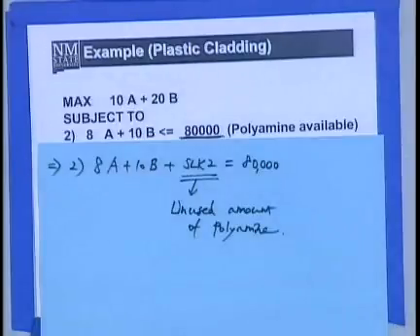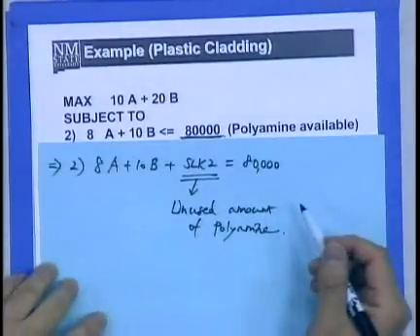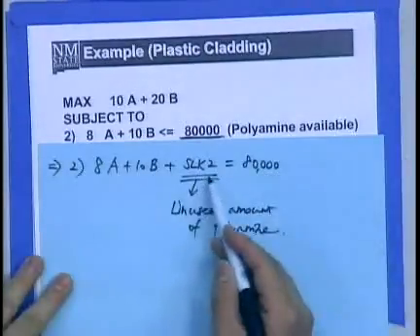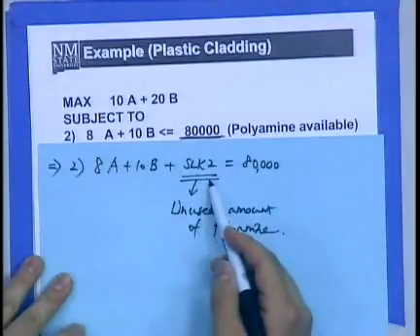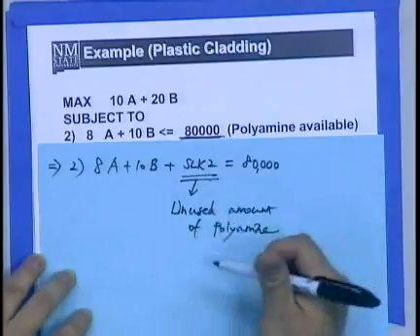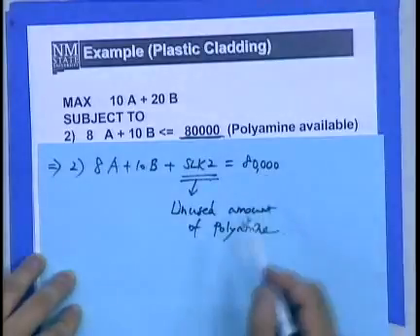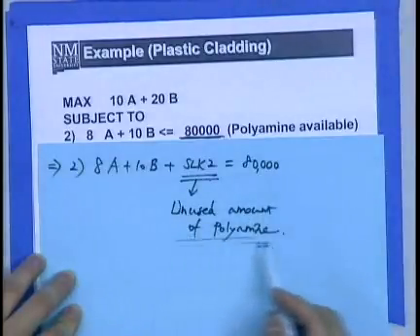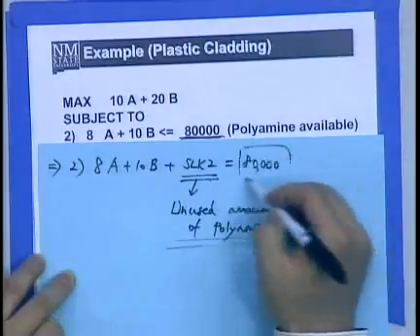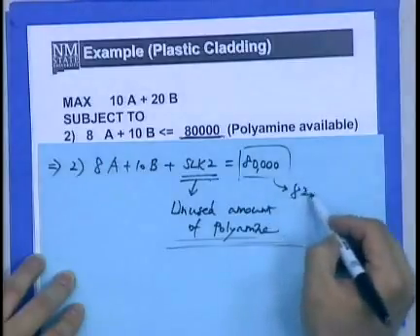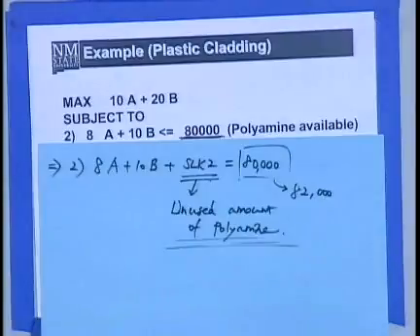So, purchasing an additional 2,000 pounds of polyamine would force the variable slack 2 to become negative 2,000. Is that correct? In other words, purchasing an additional 2,000 pounds of polyamine would force the right-hand side value to become 82,000. Okay? Is that right?